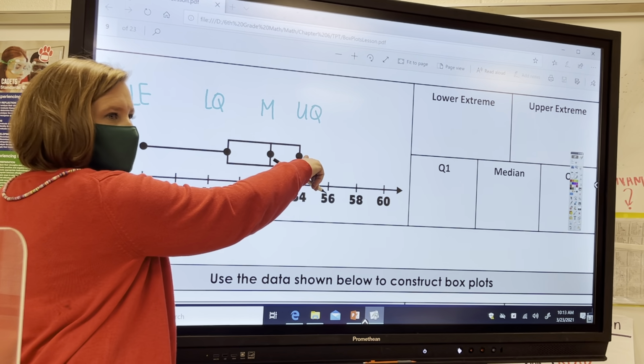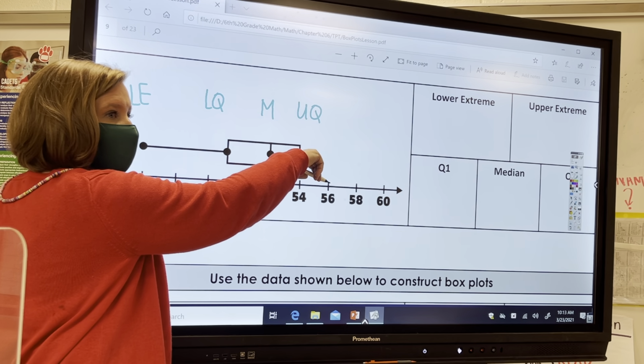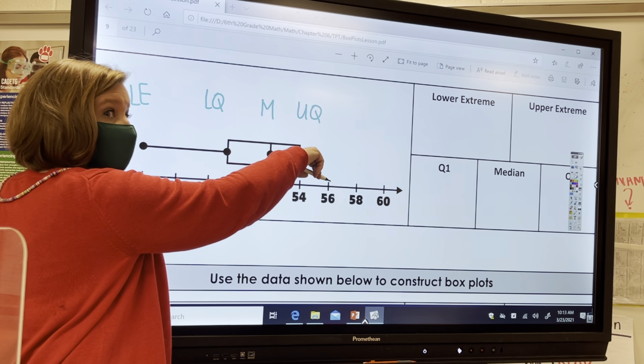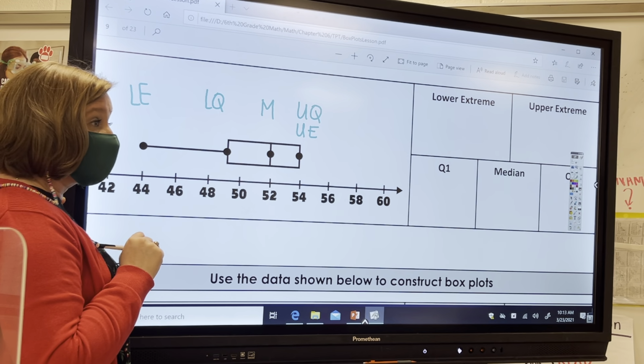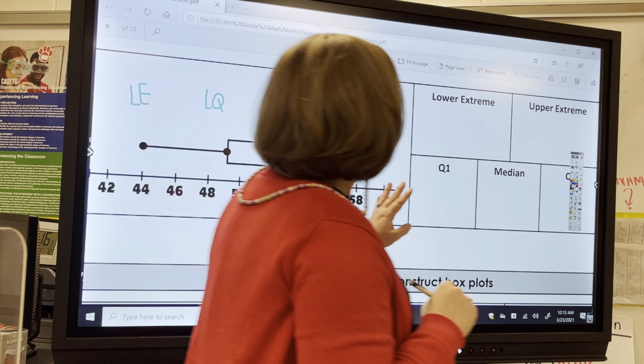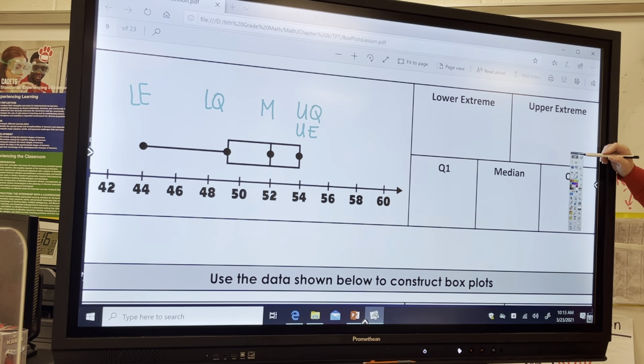So that means this dot is also what? It's both, okay? So your upper extreme and your upper quartile are both going to be 54. I want you to label the rest.